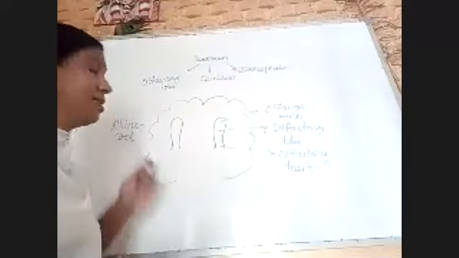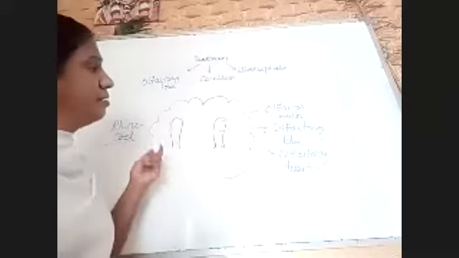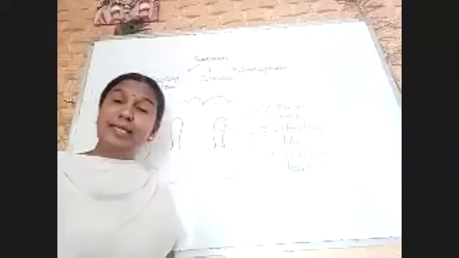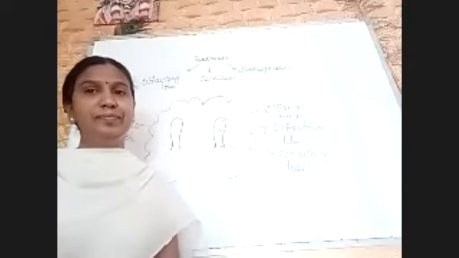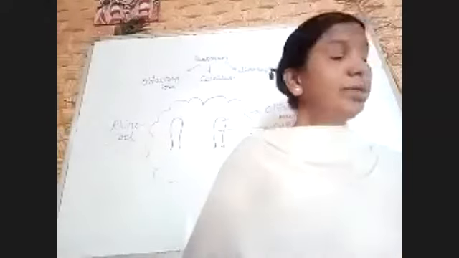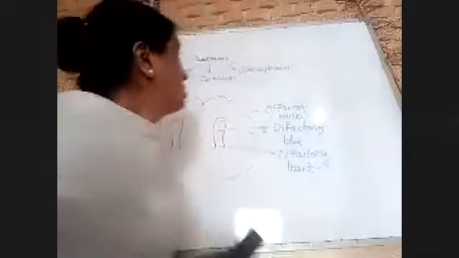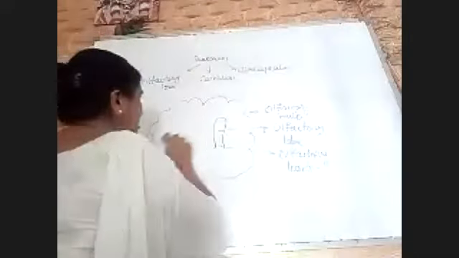It contains a cavity. That cavity is called rhinocele, and the main function is that it controls the sense of smell. Now the most important part of this forebrain is the cerebrum. Now let's see about the cerebrum.